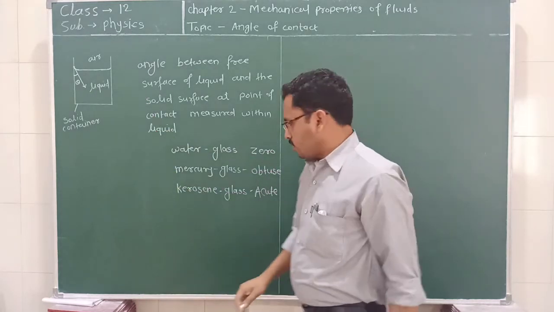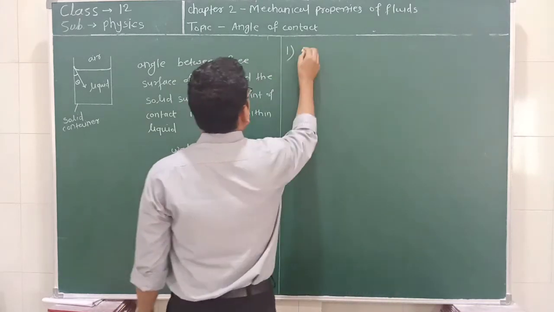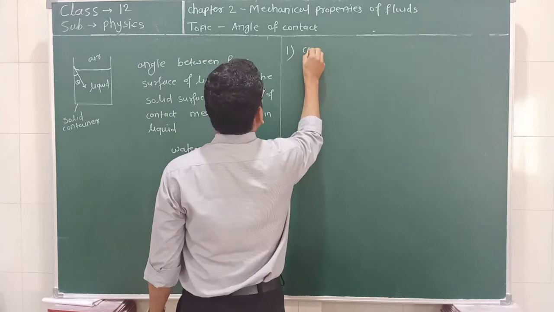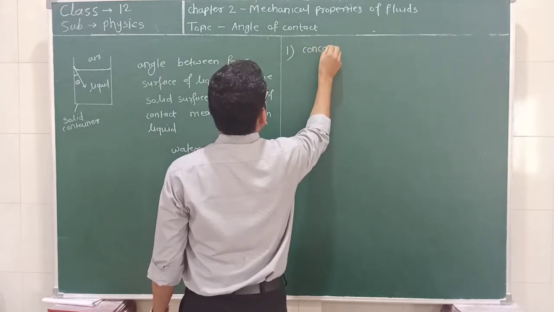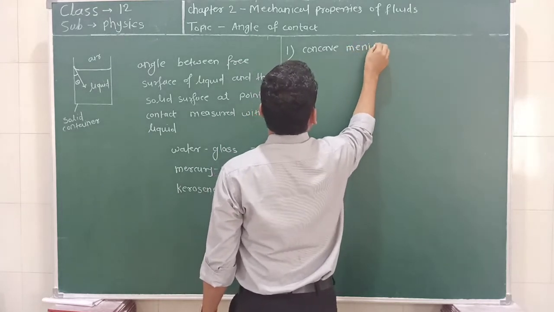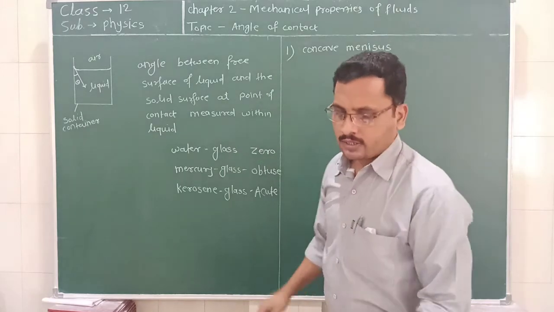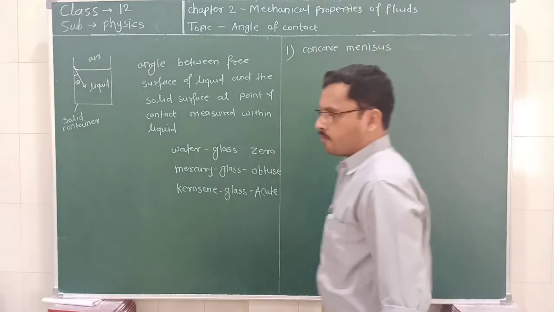So what is the shape of the meniscus? If the shape of the meniscus is concave, we write here concave meniscus. So how does the concave meniscus form?